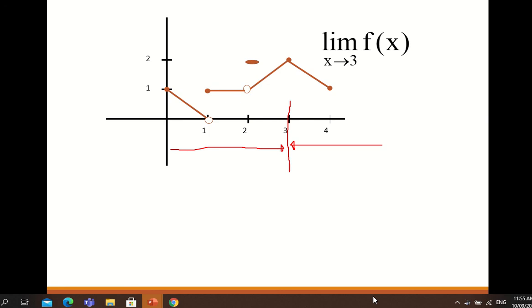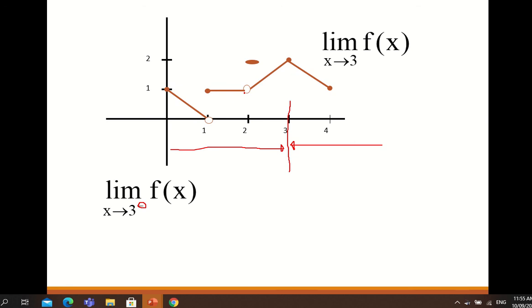Okay, so again, let us determine the limit of the function as x approaches 3 from the left. So what is the limit of the function as x approaches 3 from the left? We have to trace the graph. Tracing the graph going towards 3, it disappears and jumps up here, then goes again here.